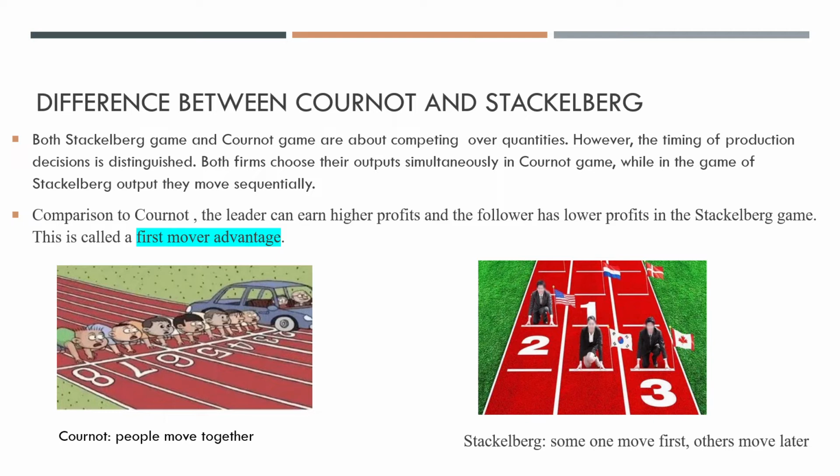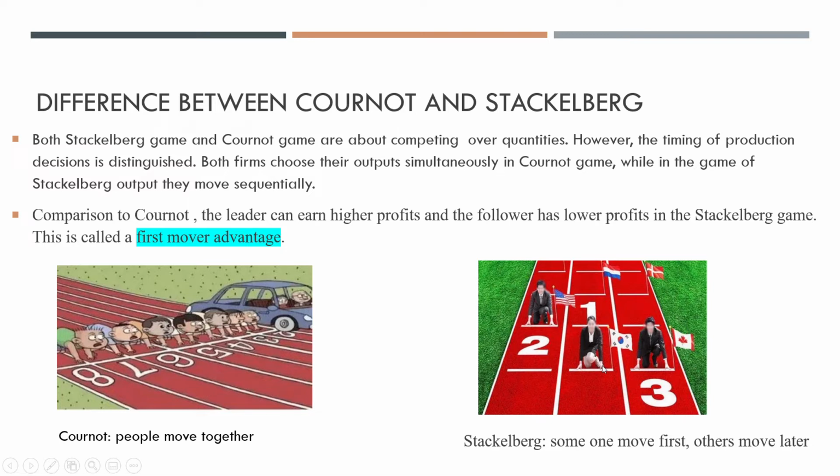So some runners run first and some runners run later, and the later one can observe how fast the first runner runs. Maybe the first runner runs faster or slower, so the second runner has an observation of the first runner.